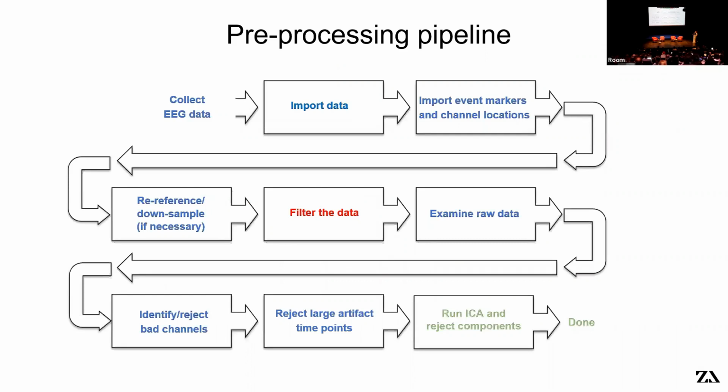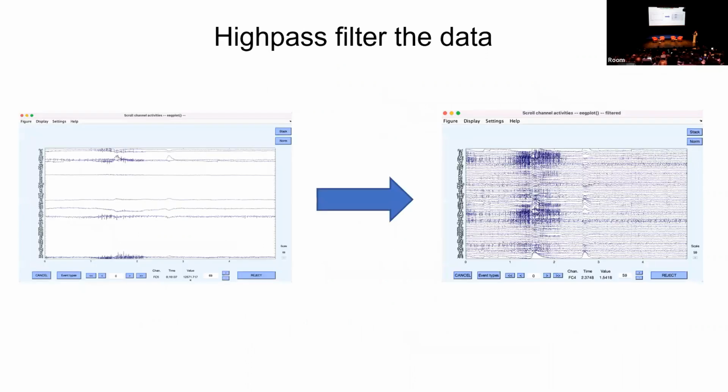The next step, you need to filter the data. So one important step is to high-pass filter the data because there might be slow drifts. So for example, if you look at the raw data, here there are slow drifts in the data, and then once you apply a high-pass filter, this is 1 hertz, then the data looks much nicer.